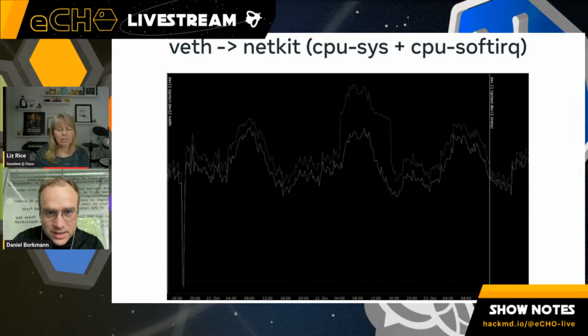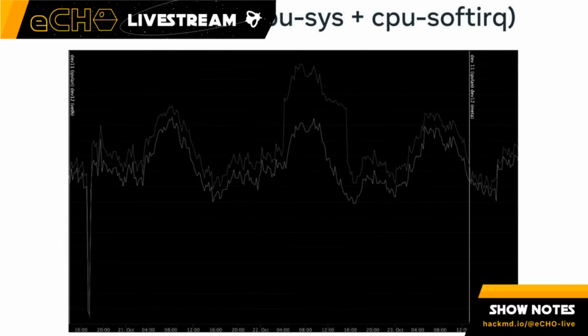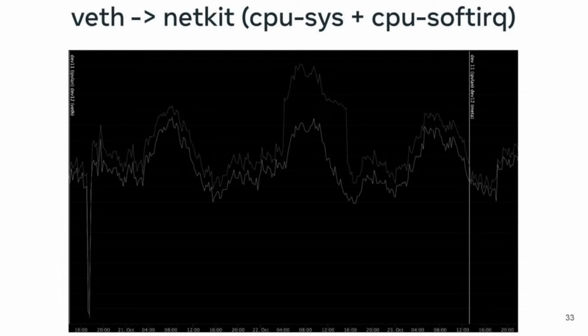It's probably hard to see, but this is a graph where he overlaid the CPU utilization for weave versus netkit, and the one on the top is weave.